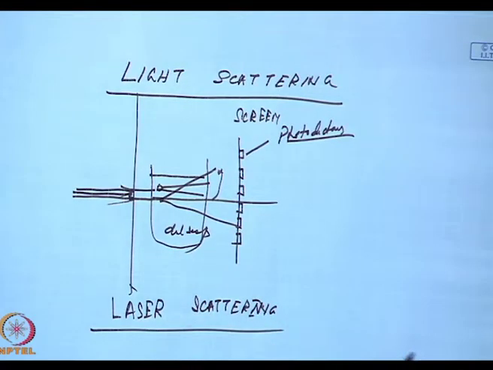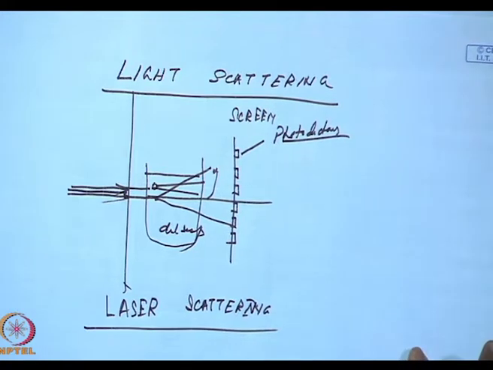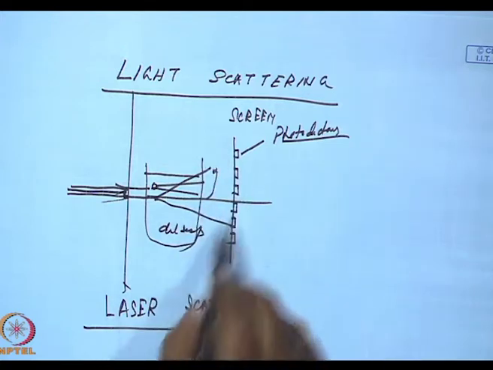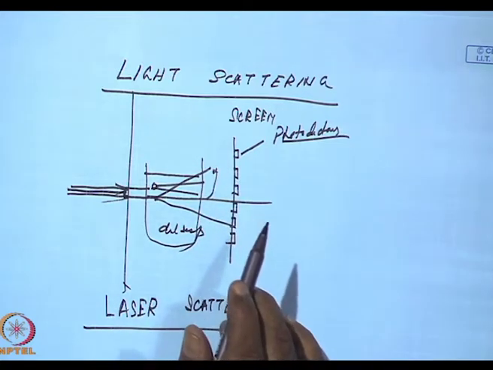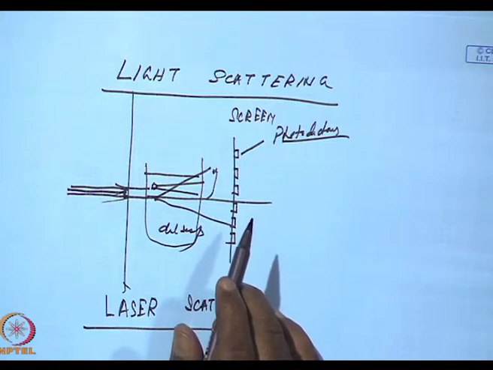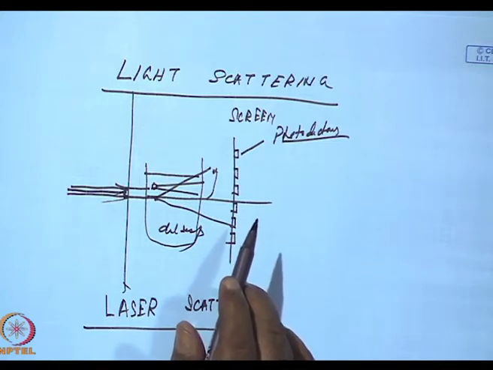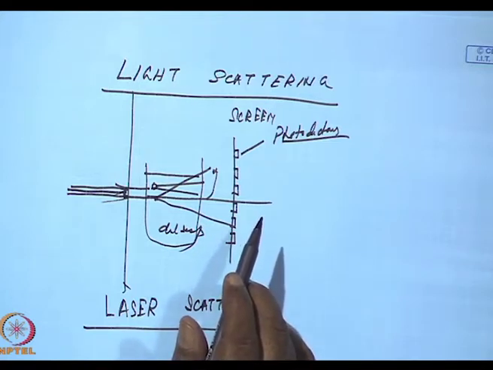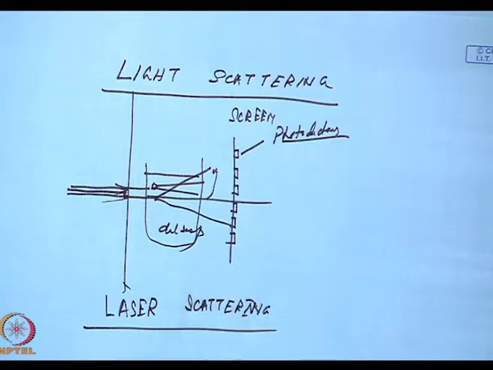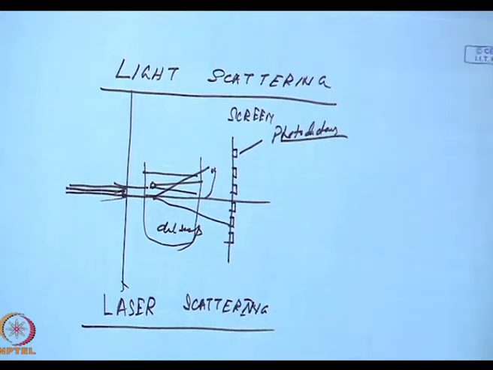So, laser scattering is a very important technique for determining the particle size, and there are many such equipments in the market. You can simply Google laser scattering and find out how it works.